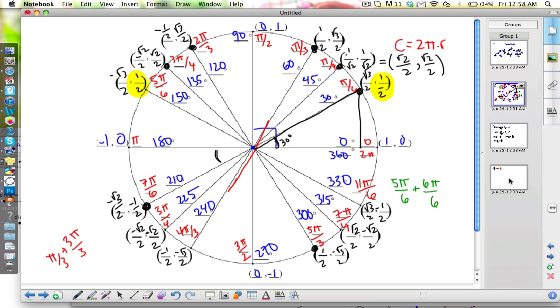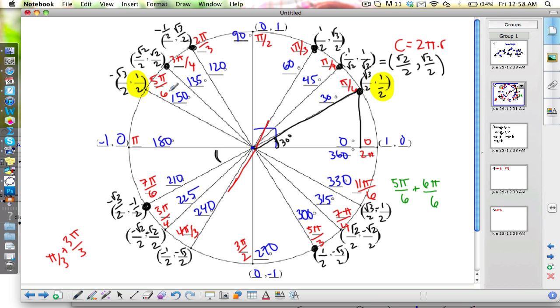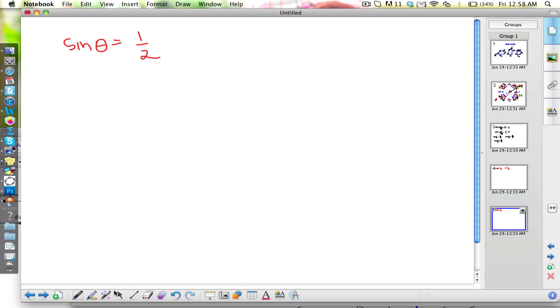So we are looking at pi over 6 and 5 pi over 6. Good. So, theta equals pi over 6 and 5 pi over 6. Good.